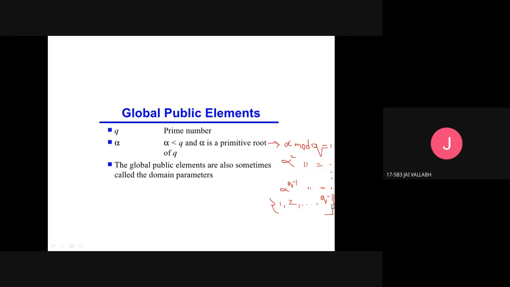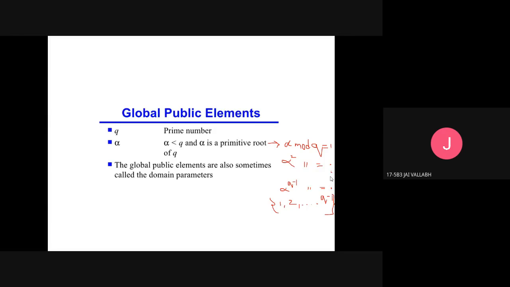If we select q as 7 and alpha as 3, and 3 is less than 7, we'll be finding all the values like 3 mod 7, 3 square mod 7, 3 cube mod 7 until 3 power 6 mod 7. And these values must lie between 1 to 6, where 6 is q minus 1, that is 7 minus 1. So if these values lie between 1 to q minus 1 and are not repeating, then we can say that alpha is a primitive root of q.